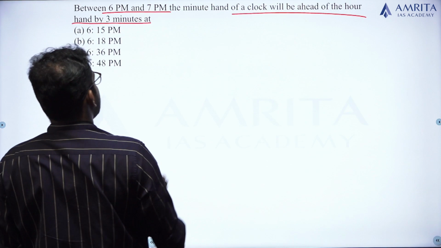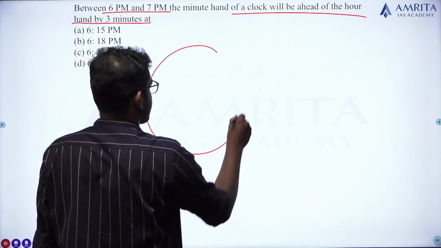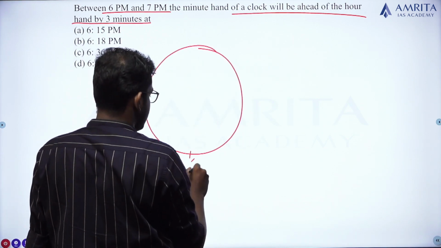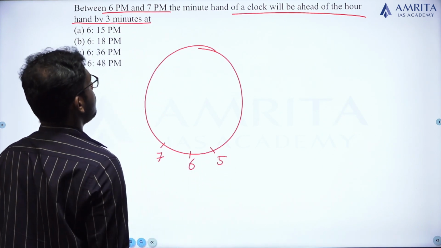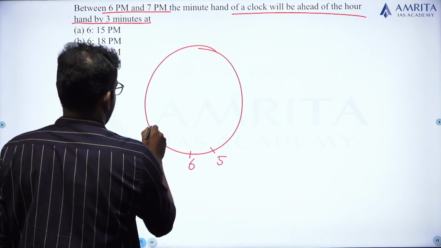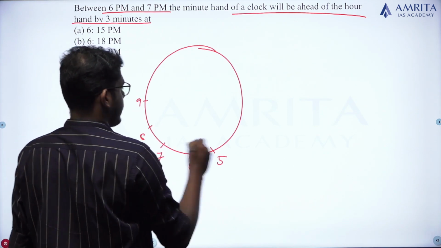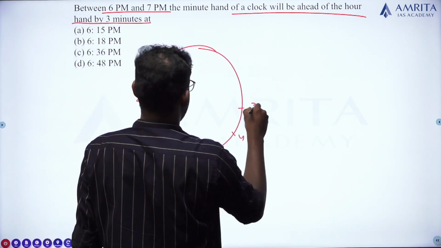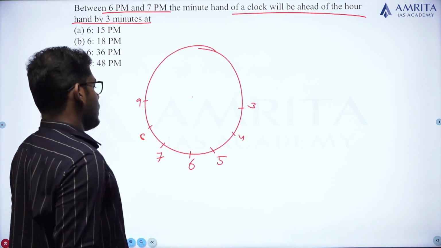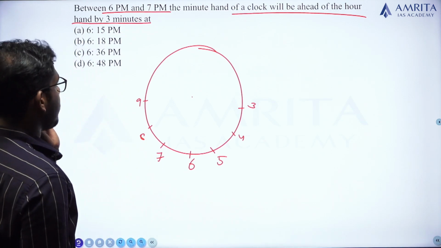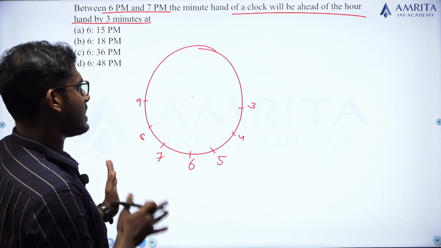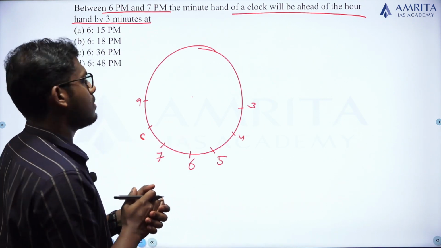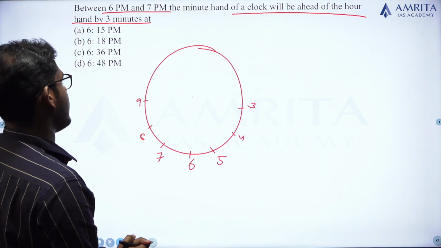Okay, between 6 p.m. and 7 p.m. So this is 6, this is 7, this is 5, 8, 9, 4, 3. Okay. So the question is between 6 p.m. and 7 p.m.